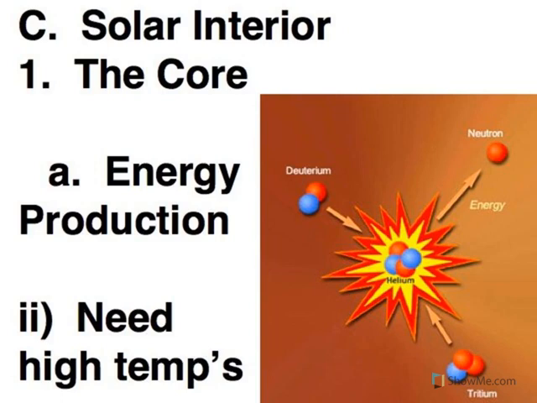Now, in order to do that, you do need very high temperatures because, recall, a proton has a positive charge, and like charges repel. And so the only way you can overcome that repulsion is to get them moving fast.